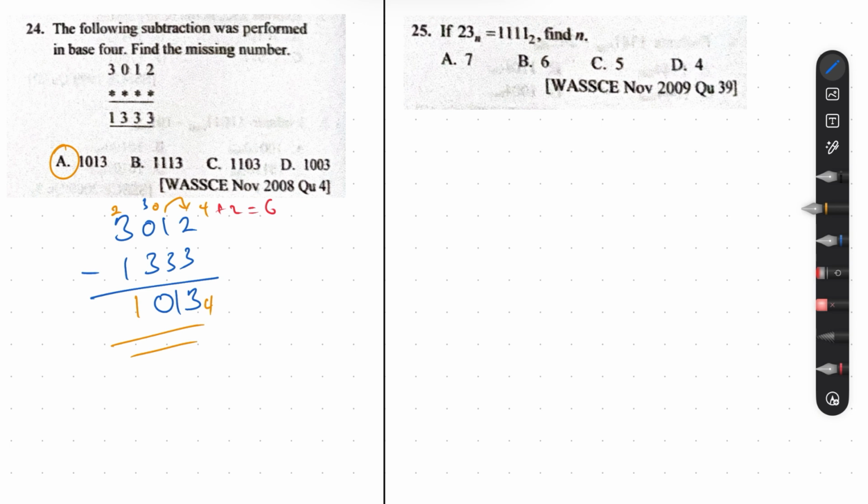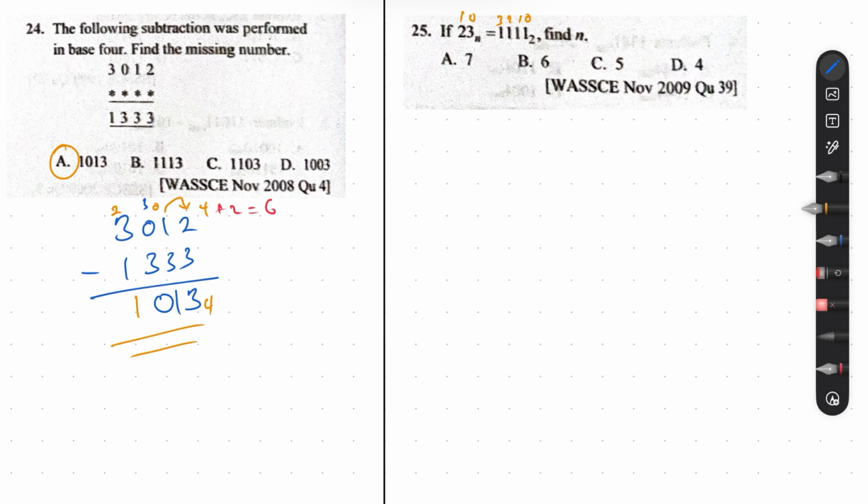It says, if 2, 3 base n is equal to 1, 1, 1, 1 base 2, find n. So we just convert both to base 10. Then we equate them, okay? So how do you convert this to base 10? You just number them 0, 1, 2, 3.